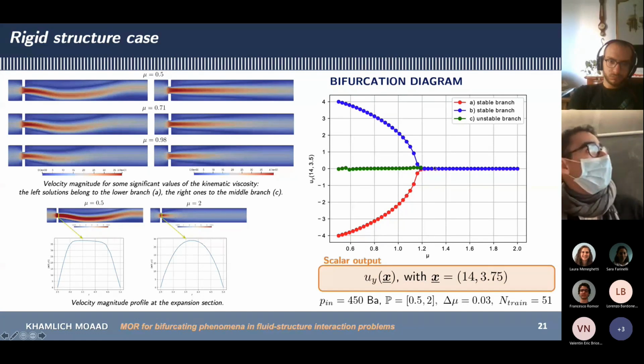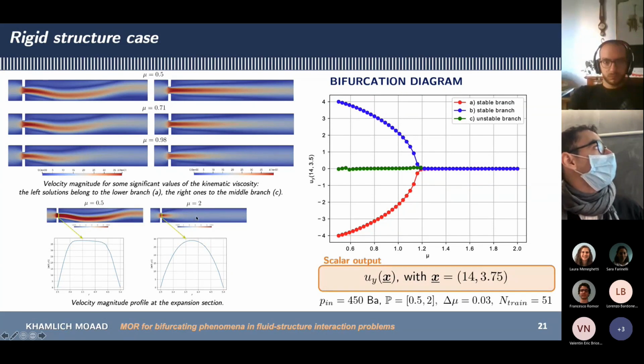Therefore, basically, above the bifurcation point, which we have estimated to be 1.9 for our particular setting, there is just a single stable solution, which is the one of symmetrical jet. However, below the bifurcation point, we have the coexistence of three different solutions.